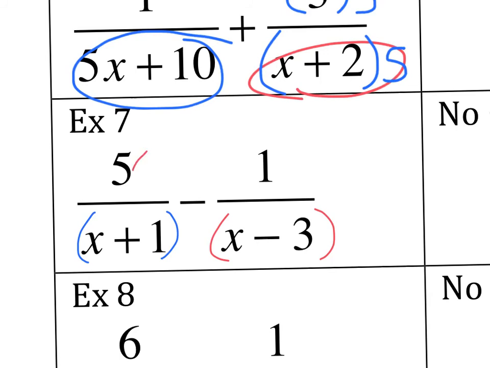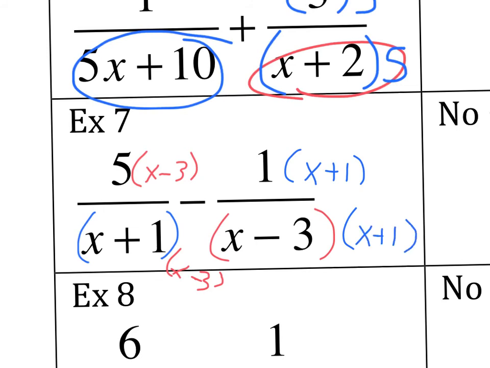So all we do is share with each other the entire thing. So notice this whole x minus 3 just goes top and bottom to the other fraction. And this x plus 1 goes top and bottom on the other fraction. So when there's no common factor, all you have to do is exchange denominators with the other fraction.